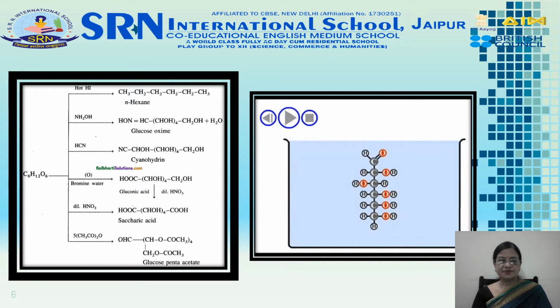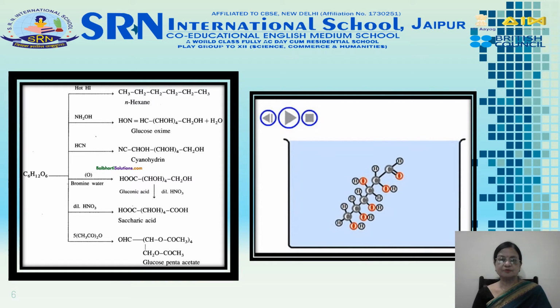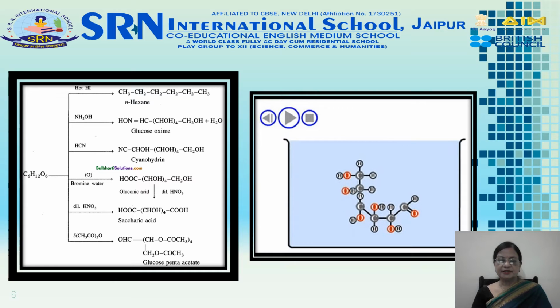The second reaction is with hydroxylamine, NH2OH, and it gives glucose oxime, where the first carbon is converted into oxime. This shows that glucose has a carbonyl group. Carbonyl group is C double bond O. Similarly, another reaction to show that glucose has a carbonyl group is with hydrogen cyanide, HCN, where it gives cyanohydrin.